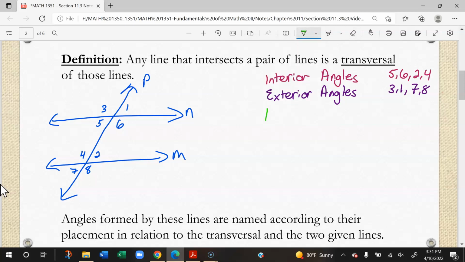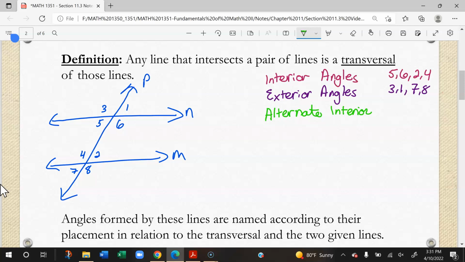Alternate interior angles. These are, well, they have to be these angles right here that we're looking at, 5, 6, 2, and 4. Alternate interior angles are those that are on opposite sides on opposite lines.